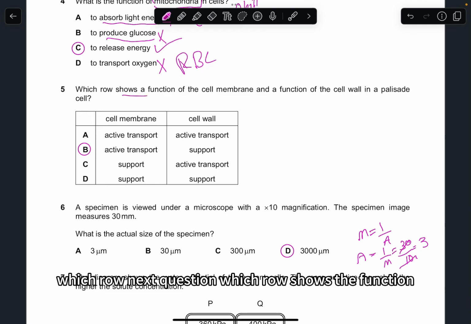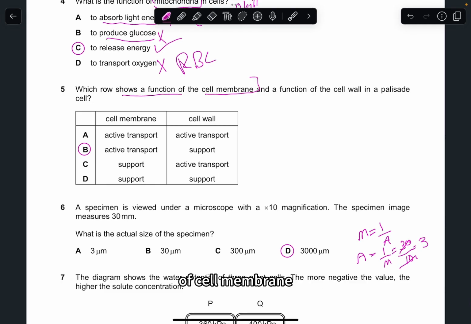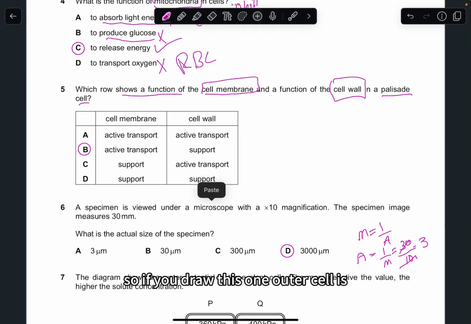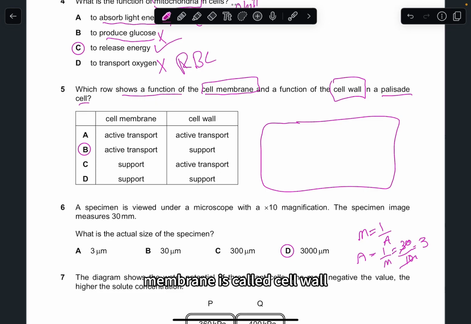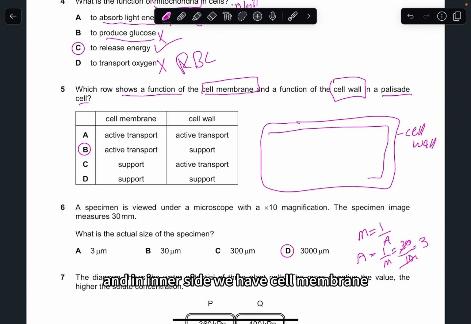Next question, which row shows the function of the cell membrane and cell wall in a palisade cell? A palisade cell is a plant cell in the leaf. If you draw this one, the outer layer is called the cell wall, and on the inner side we have the cell membrane.